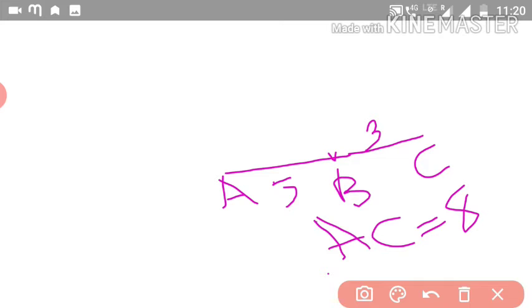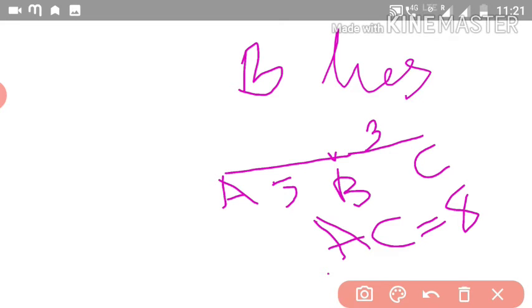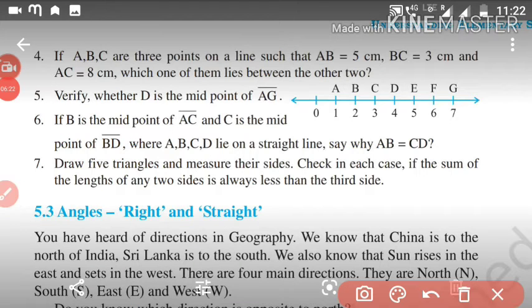B, isn't it? So your answer will be B is in the middle, or you can write B lies in the middle. So your answer is this. Hope you have understood. B will lie between the other two. Now come to the next question.